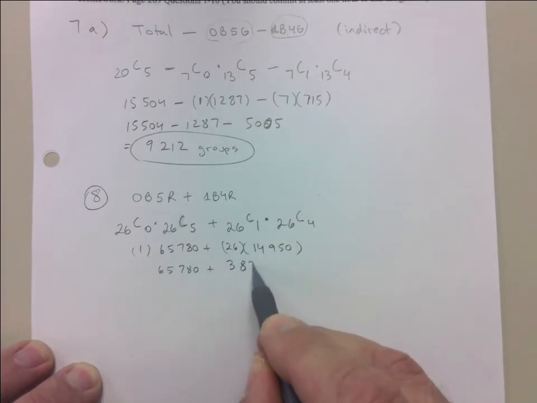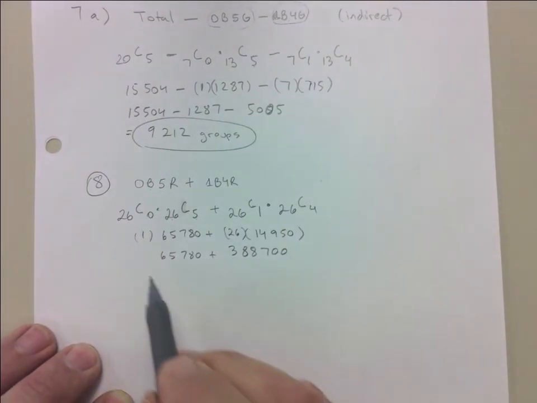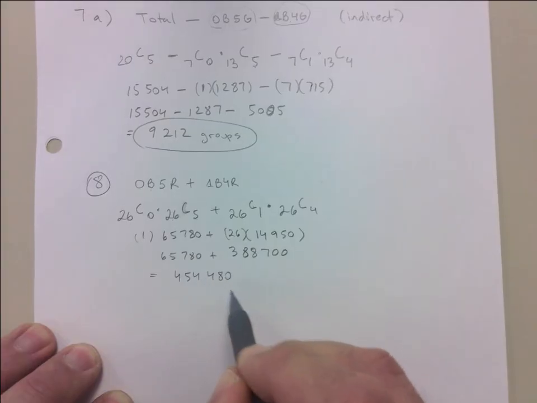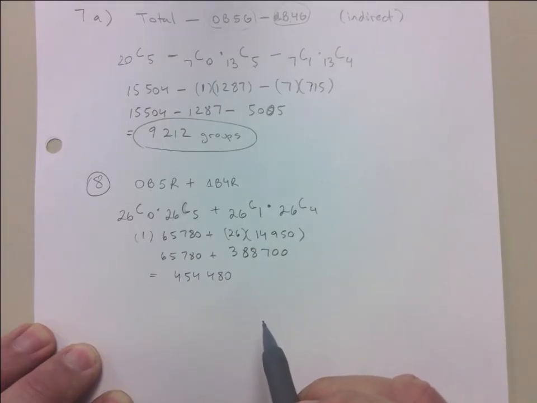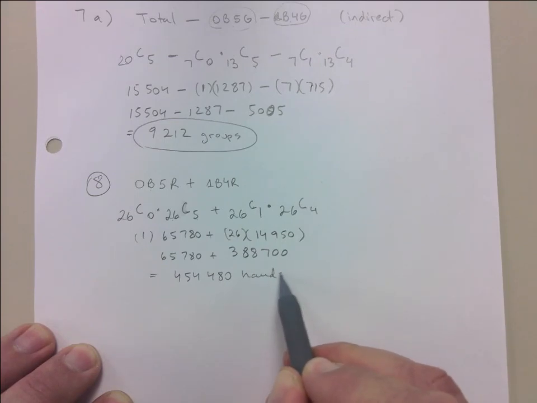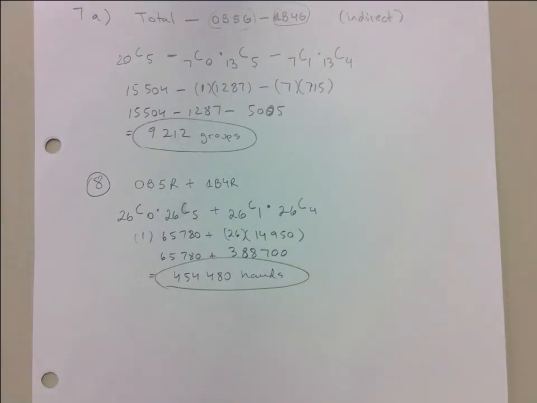That's a lot. That's 454,480. And please tell me this is right. Yeah? Okay. That's how many hands would have at most one black card.